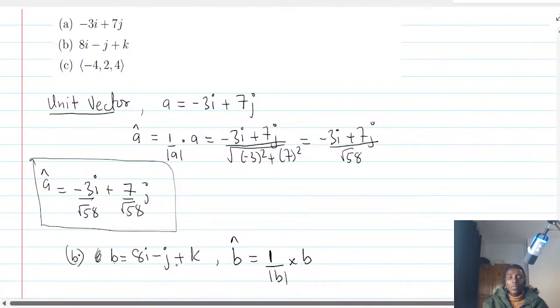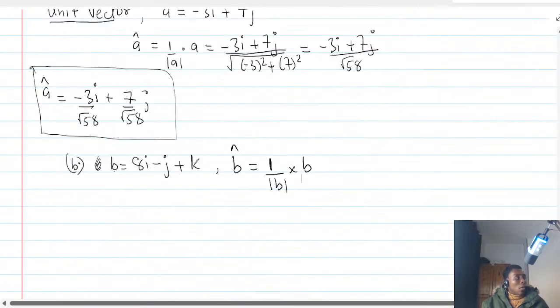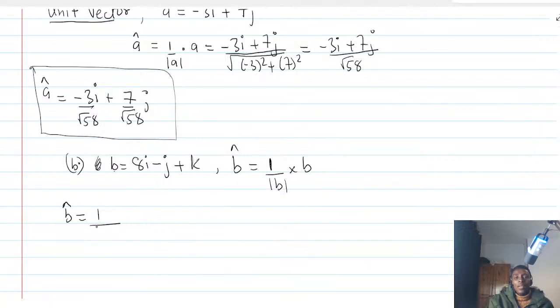So it's going to be, okay, 1 over the magnitude. But what is the magnitude? First of all, let's calculate the magnitude first.